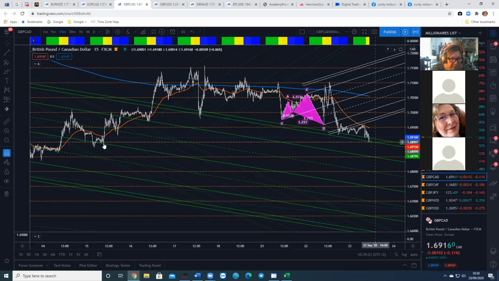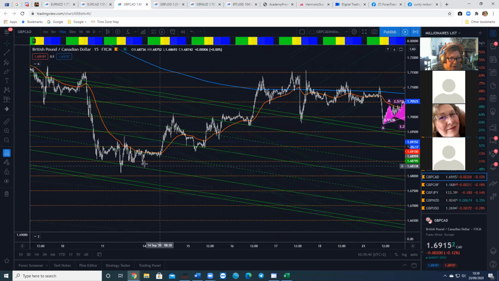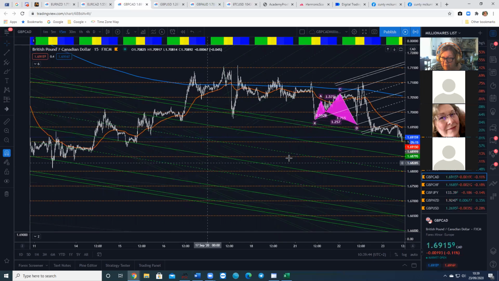So that was back 15th of September, the last area of resistance. As it's come down, it's already past that one. And then there's another line along here, quite a lot there, down at 1.68500.